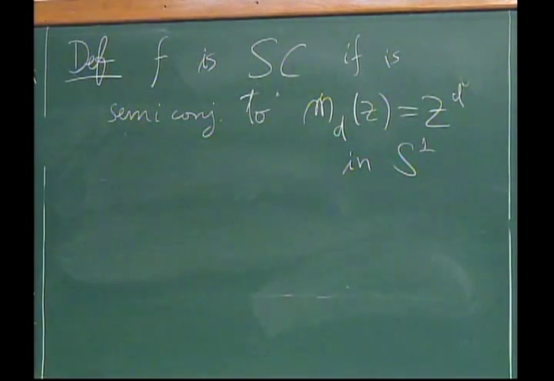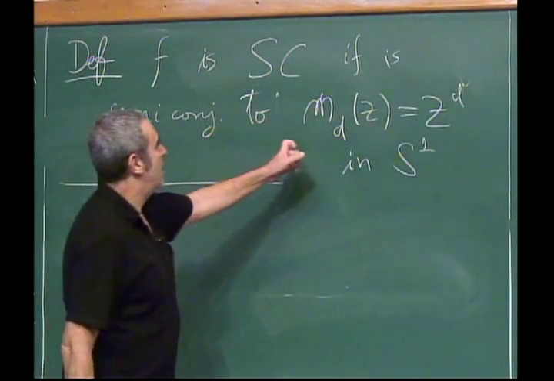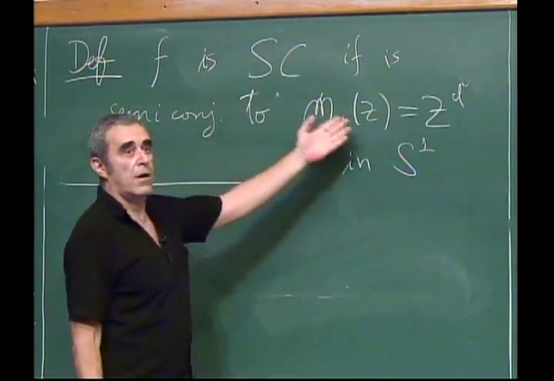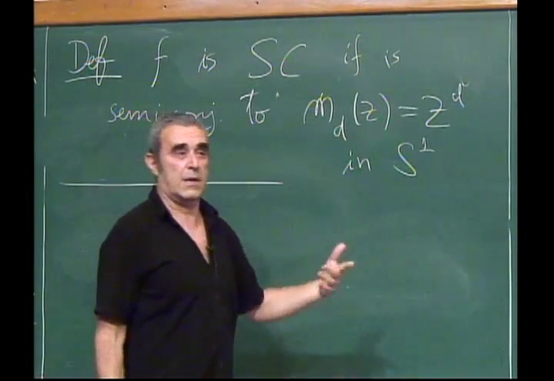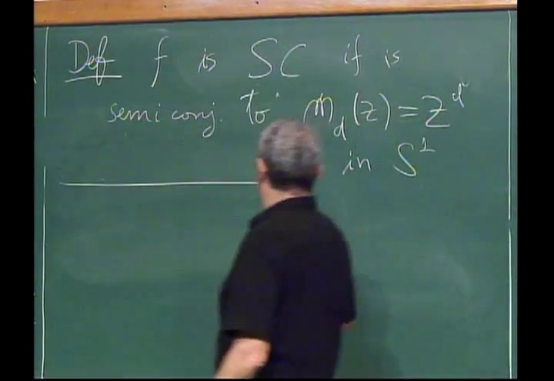We are looking for conjugacies like this, or semi-conjugacies. A semi-conjugacy is a map that is the identity on fundamental groups, carrying the curve 1 to the curve 1, and makes the equation hold.